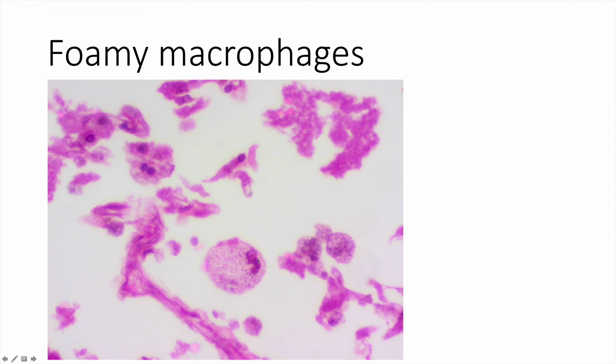Now, these macrophages are called foamy macrophages, but unlike those that you'll be familiar with in atherosclerosis out in blood vessels, here it's not cholesterol that the macrophages have picked up, but it's actually the myelin, the stuff made by oligodendrocytes that insulate the fibers and allow fast conduction speeds. So these foamy macrophages are one of the few cells that we would still be able to recognize within the middle of this cavity of an old or remote infarct.